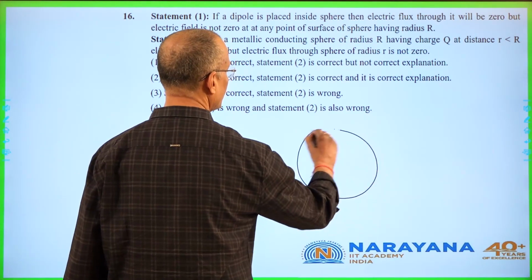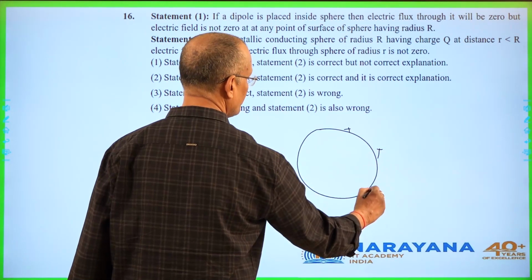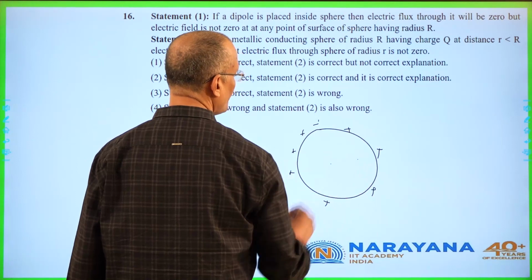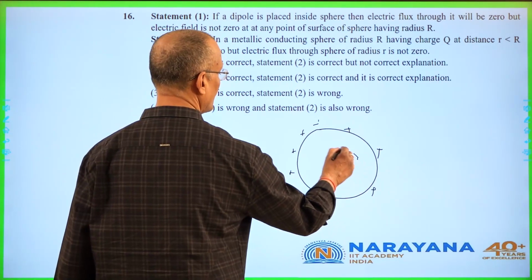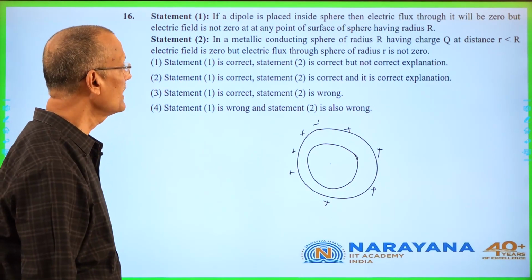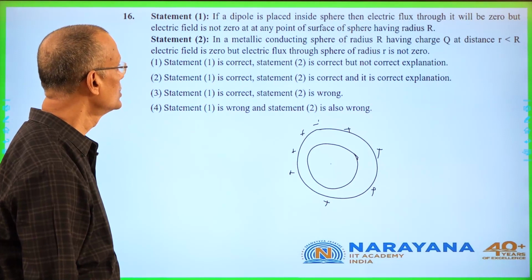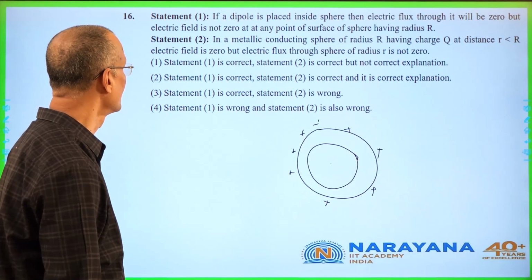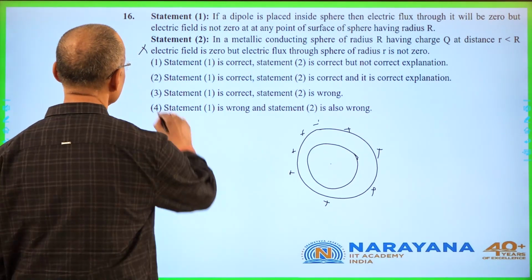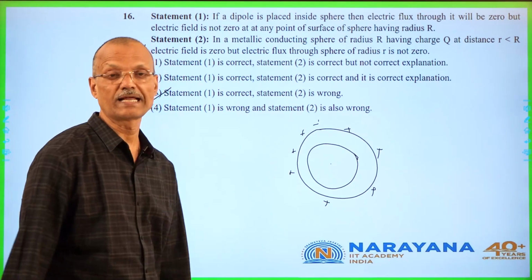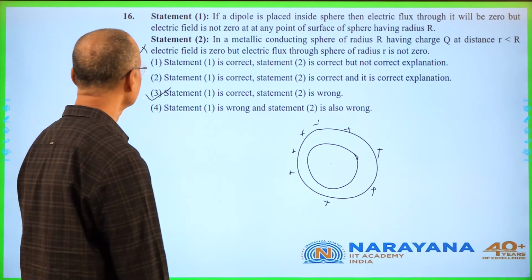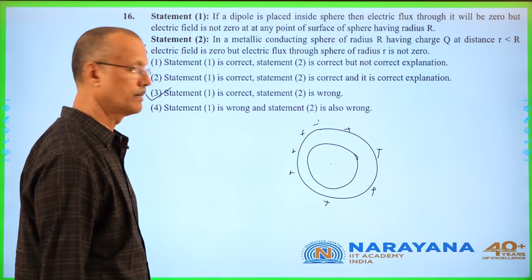If a metallic conductor you are taking, charge is completely existing outside. So at any point inside, if you take a Gaussian surface, it is not enclosing any amount of charge, so electric flux will also be 0. So this statement is wrong. Answer will be statement 1 is correct, but statement 2 is wrong. So for number 16, the answer will be number 3.